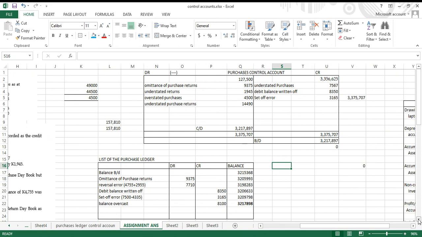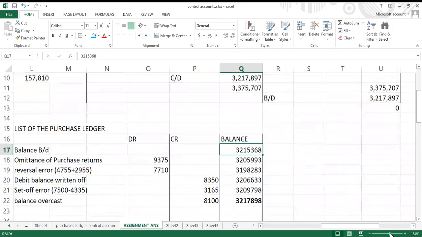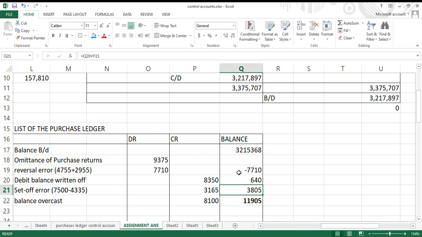Then we go to our purchase ledger. The balance brought down is 3,215,368. That's our balance on the purchases ledger. Let me just write all of these.